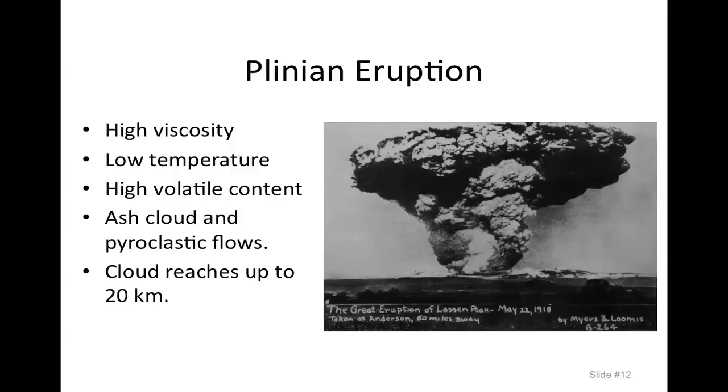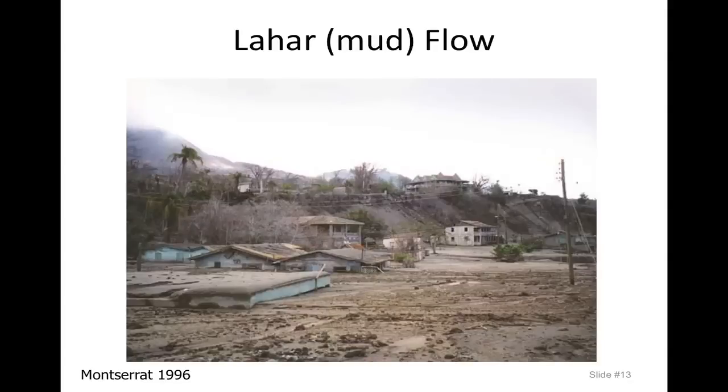All right, so something else that you can get out of these very violent eruptions like Plinian eruptions and Vulcanian eruptions is something called a lahar, or what is also known as a mud flow. And this is particularly dangerous when there's heavy rains going on at the same time as the eruption, or if the volcano is ice capped and the ice cap melts very rapidly.